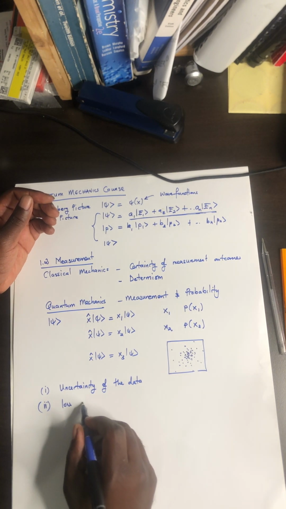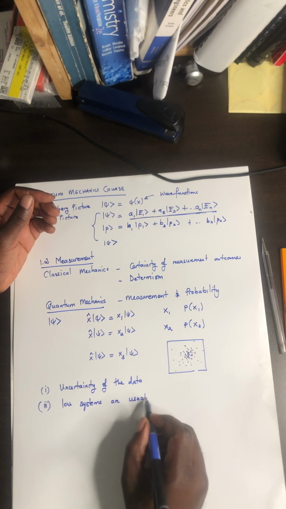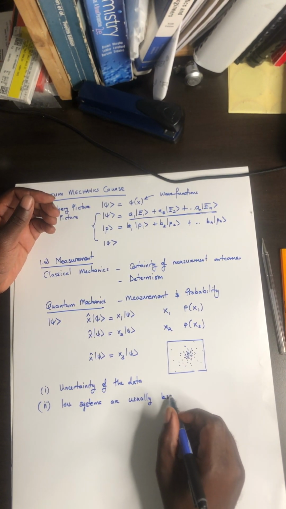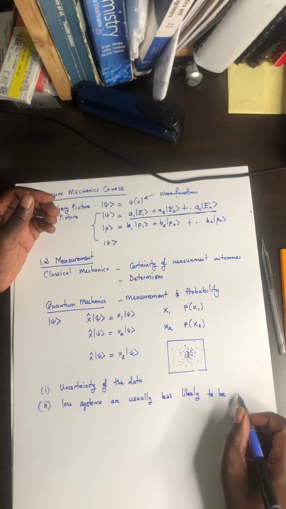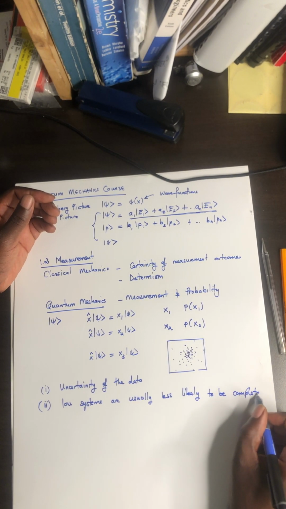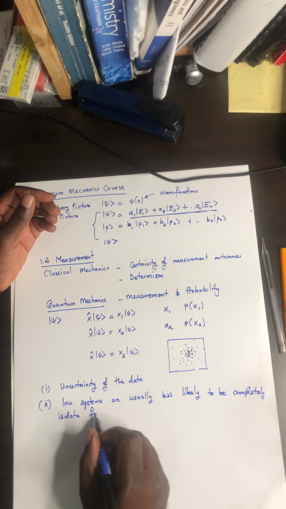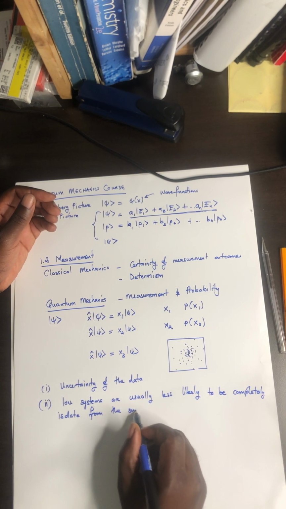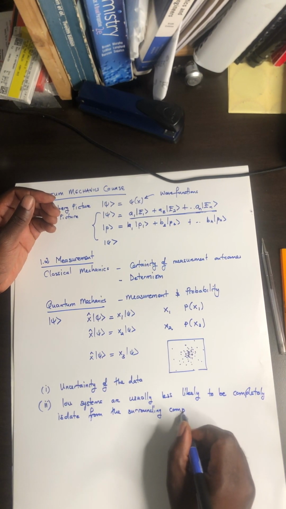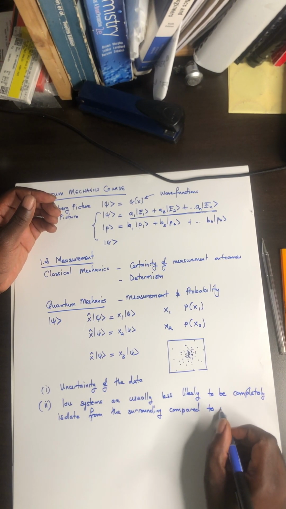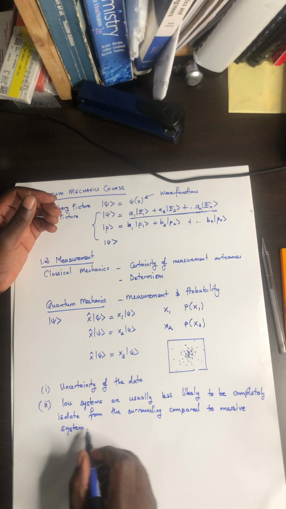So low mass systems are usually less likely to be completely isolated from the environment, from the surroundings, compared to massive systems, the systems we see in classical mechanics.